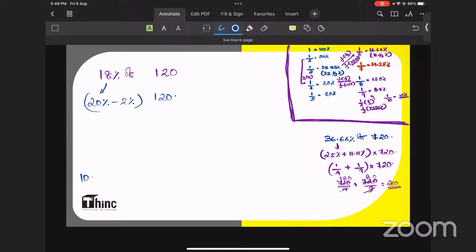Easily you can find 10% equal to 12, just remove a zero. So 20% will be 24. So it is 24 minus 2%. 10% is 12, 1% is 1.2, so 2% is 2.4. 24 minus 2.4 is the required answer, 21.6. So 18% of 120 is 21.6. Very simple to solve.